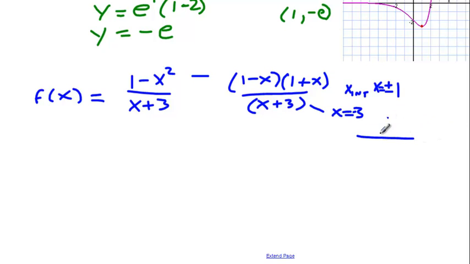So whatever's going on with this graph, we've got x-intercepts at negative 1 and 1, and at negative 3, somewhere over here, an asymptote where we're going to see the graph either explode down or explode up. So that's the basics of it.